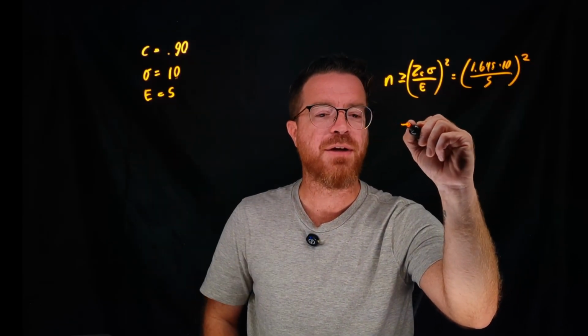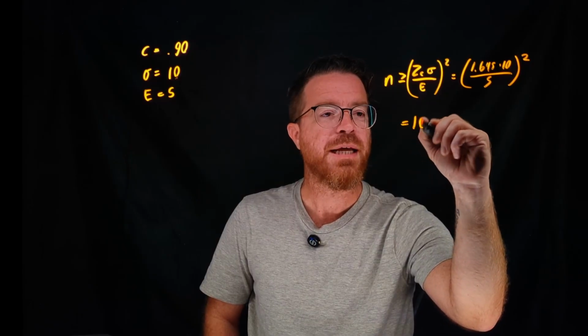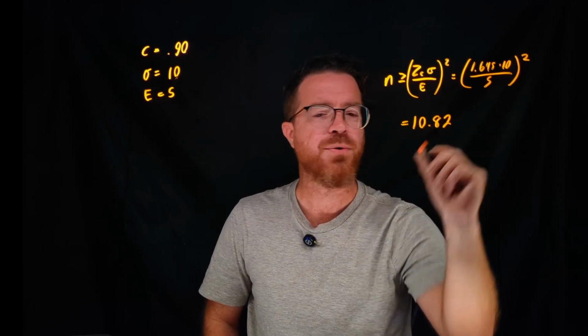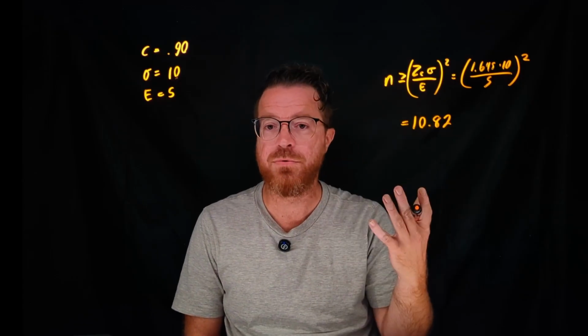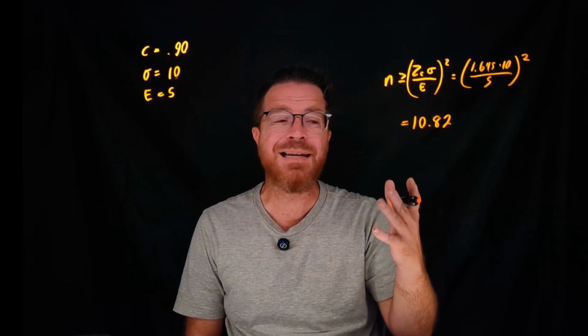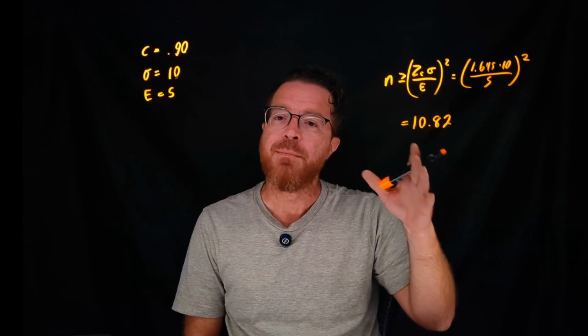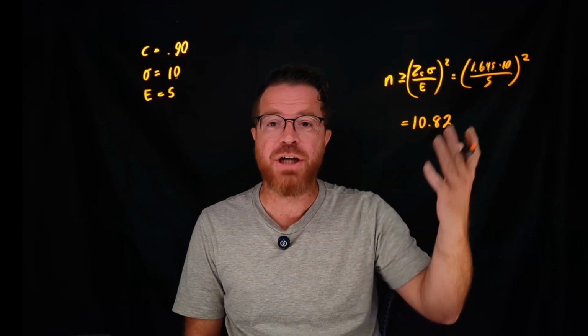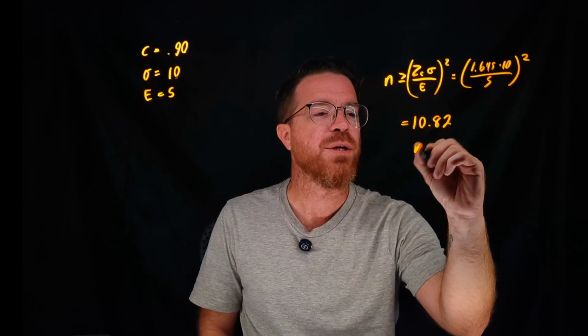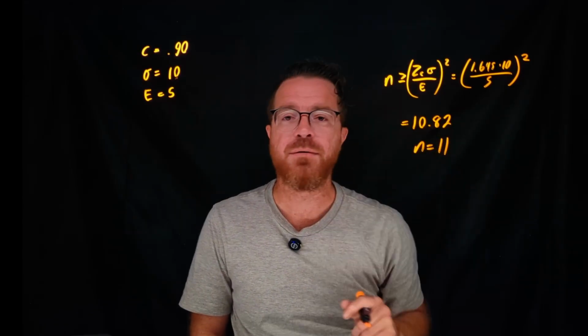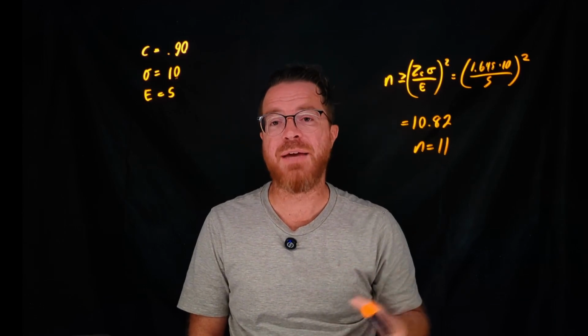And this is going to give us a value of 10.82. So our minimum sample size is we would need to go check on at least 10.82 children. But again, because we cannot check on 0.82 of a child, this means that our n is actually going to be equal to 11. So we have a minimum sample size of 11.